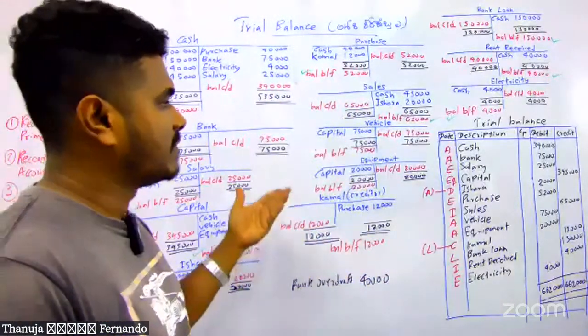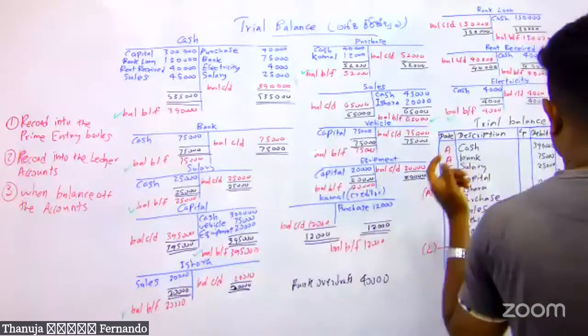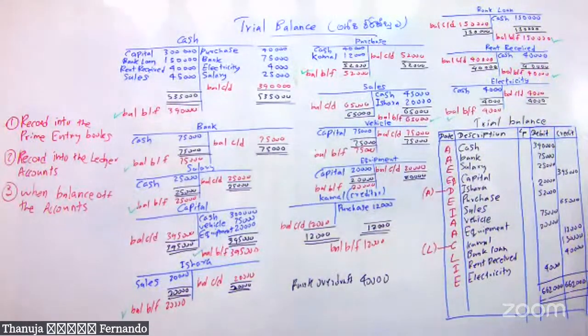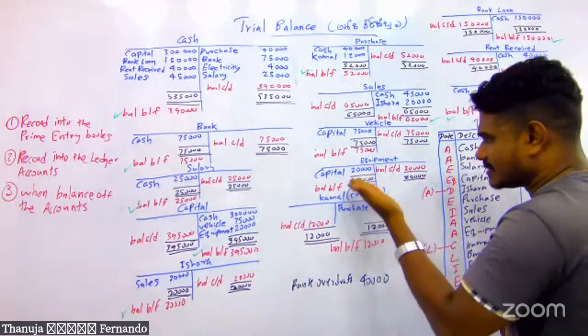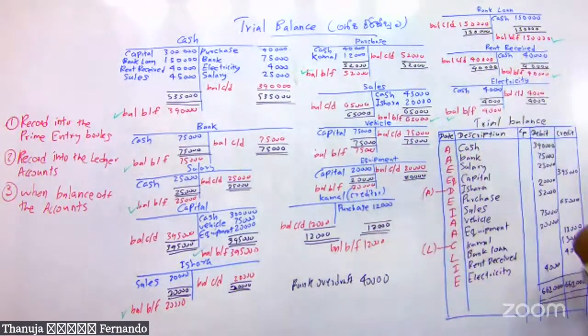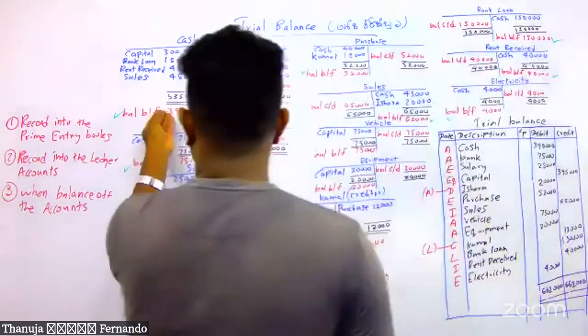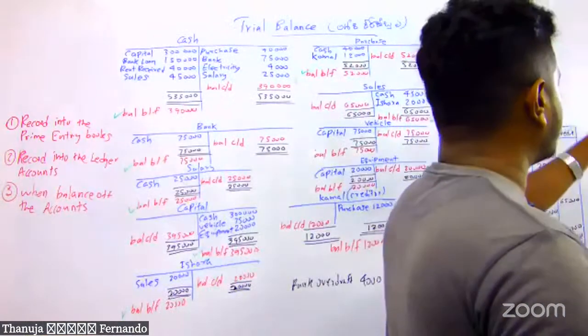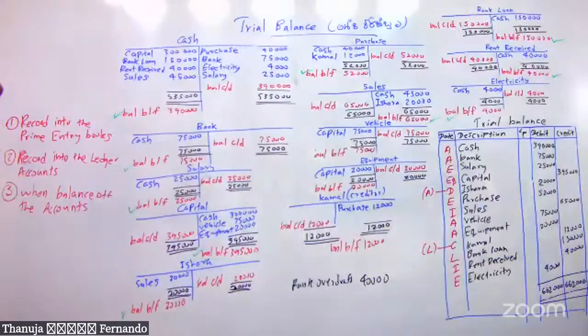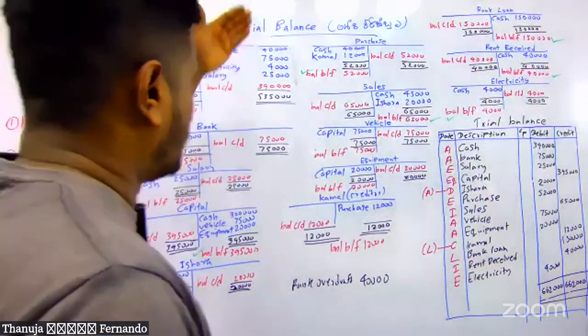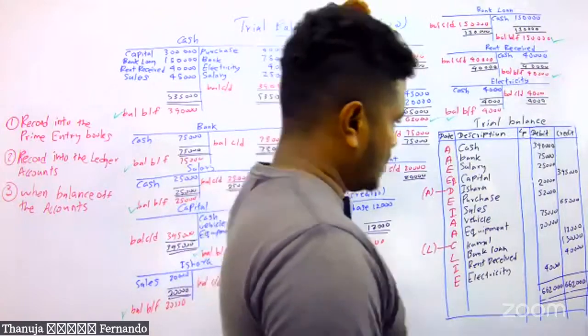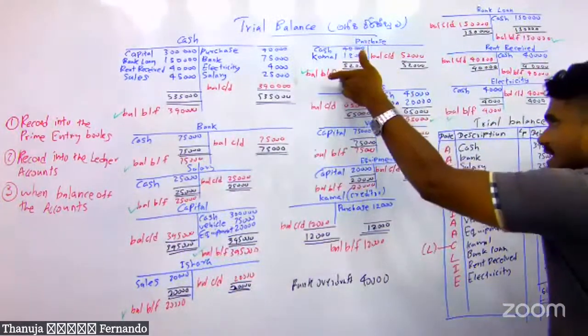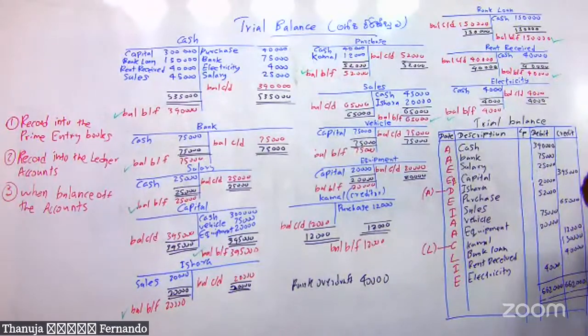After that, when we take this balance to the trial balance, errors can happen. For example, equipment 20,000 is recorded correctly, but when it comes to the trial balance, a digit is dropped and it becomes 2,000. The cash balance 390,000 is entered correctly. The purchase account balance we have recorded on the credit side, but it is omitted in the trial balance. That kind of thing can happen.